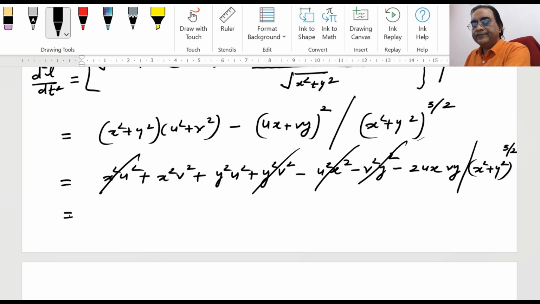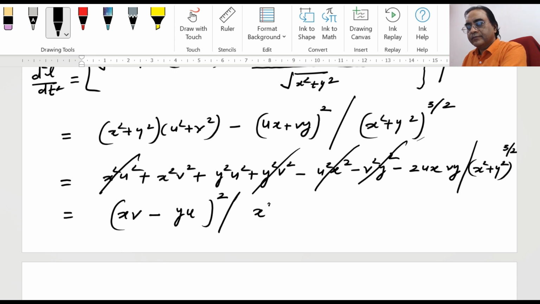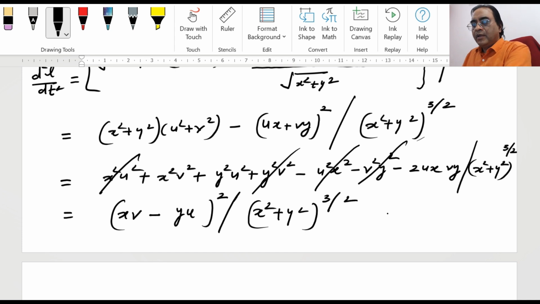So we have square of this. So basically we are getting non-negative.